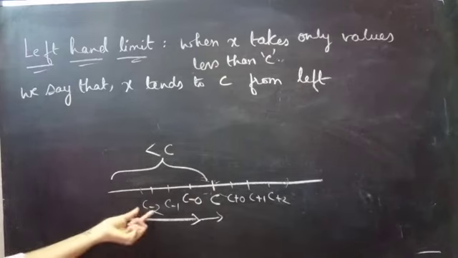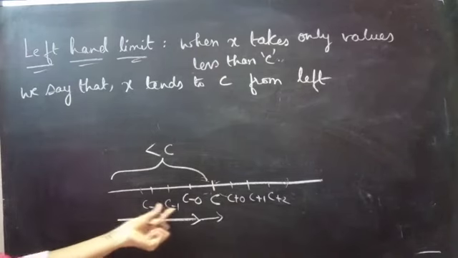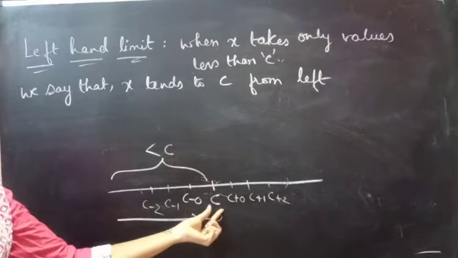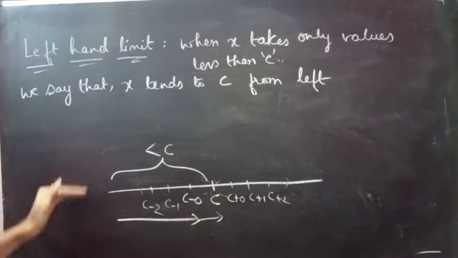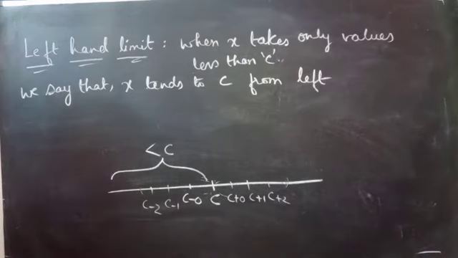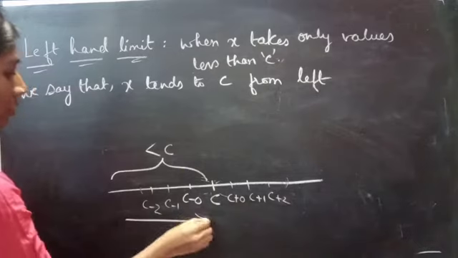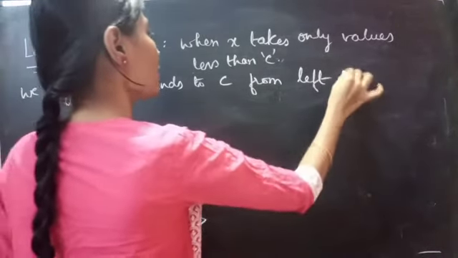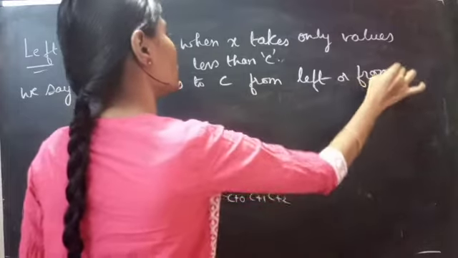Okay. First it comes at c minus 2, then c minus 1, c minus 0 and finally at last it approaches to c. So from left, or we can say from below.